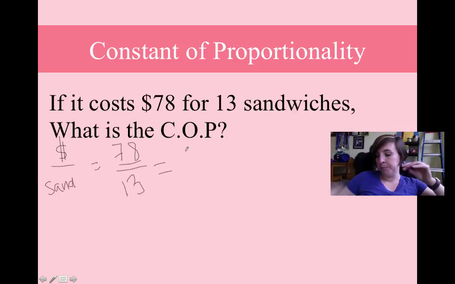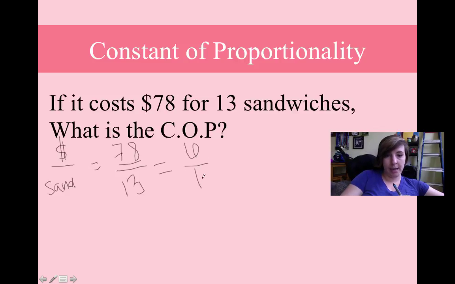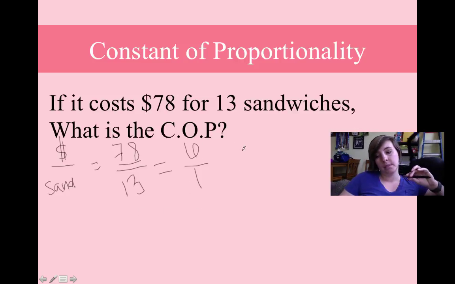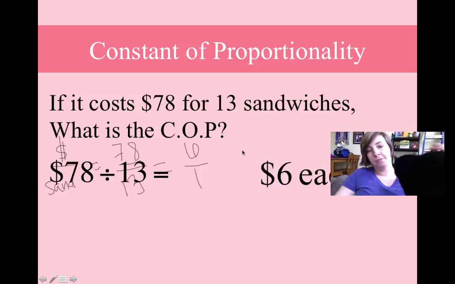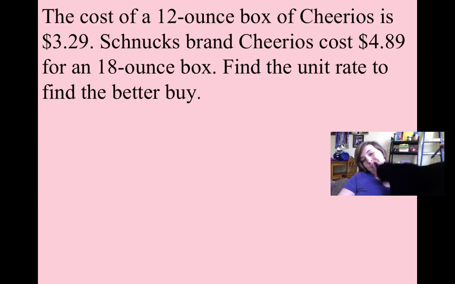So I just typed in 78 divided by 13, and I got 6. So for 1 sandwich, it costs $6. And again, this is just creating an equivalent ratio. So the unit rate is $6 for 1 sandwich.